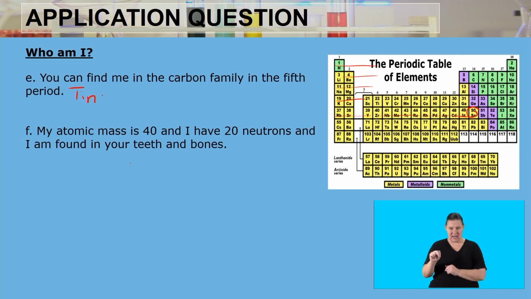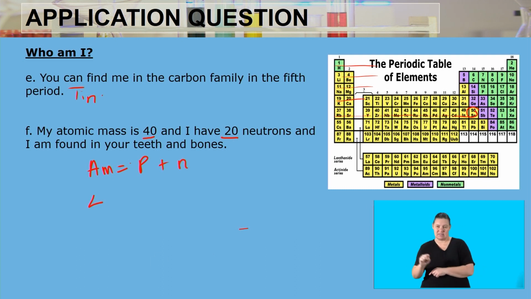My atomic mass is 40, and I have 20 neutrons, and I am found in your teeth and bones. So we're given that the atomic mass of this particular element is 40, and it has 20 neutrons, and it's found in your bones and teeth. The equation says the atomic mass is equal to the number of protons plus the number of neutrons. So I'm given the atomic mass to be 40. This is equal to P, because I'm looking for the number of protons, plus the neutrons, which is 20.